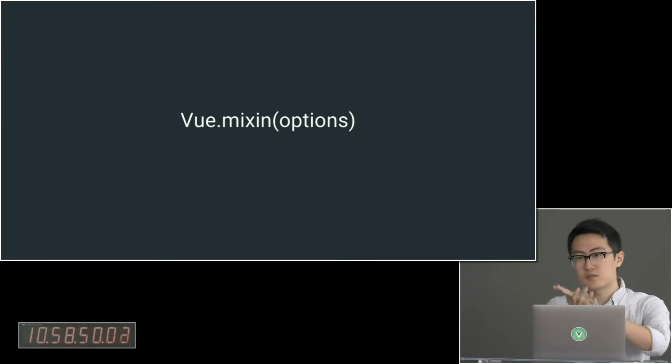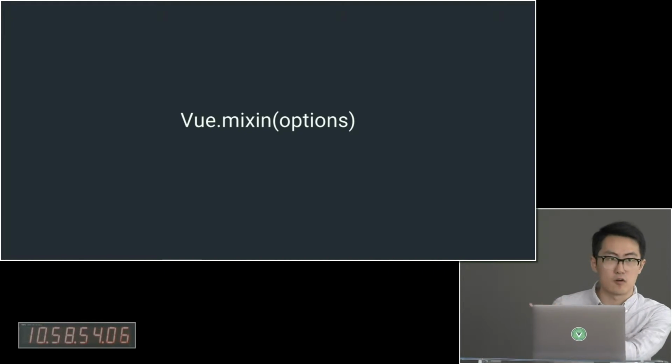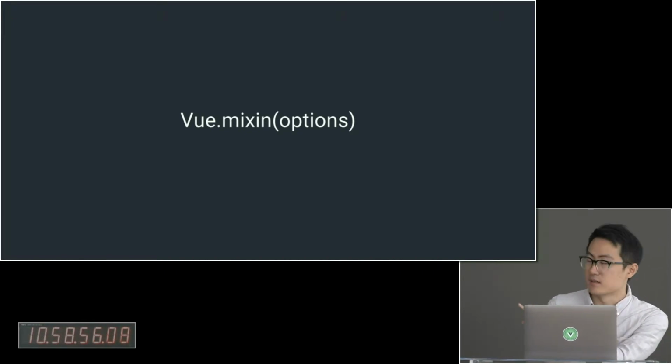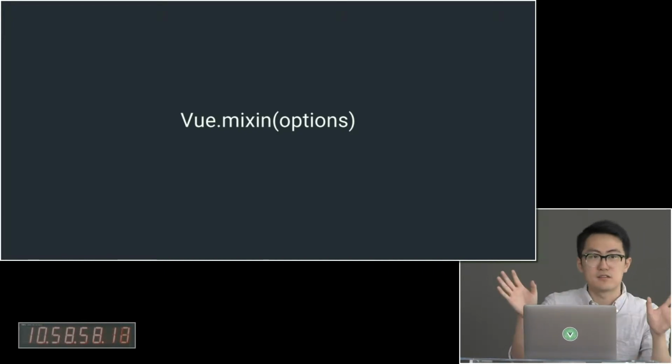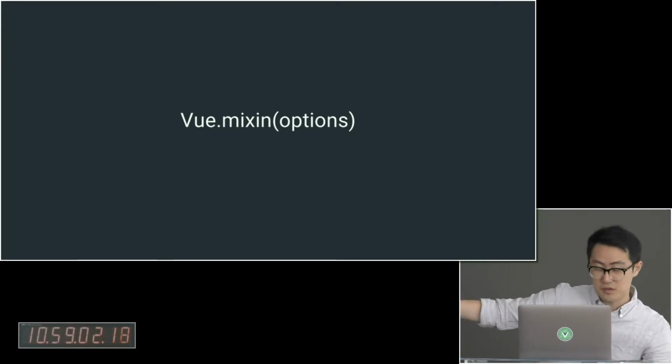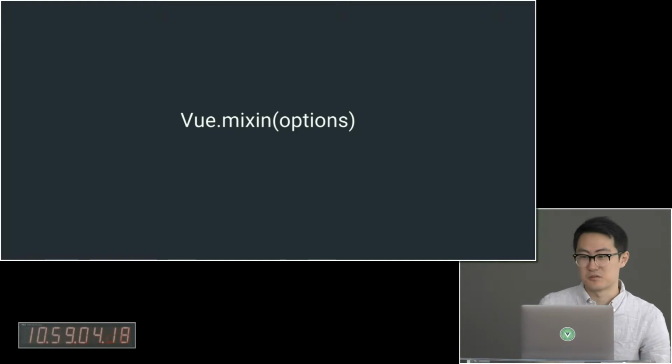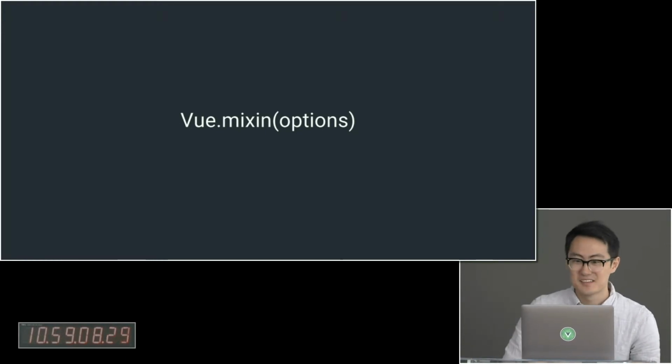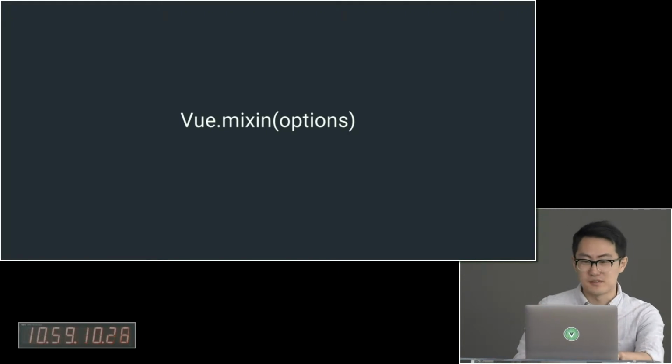So you can use them on a per component basis, but Vue.mixin is a global API that will apply a mixin to every instance created from then on. Right? So it's very powerful, but the greater the power, the greater the responsibility. So you don't do crazy things inside global mixins, right? Because it affects every instance.